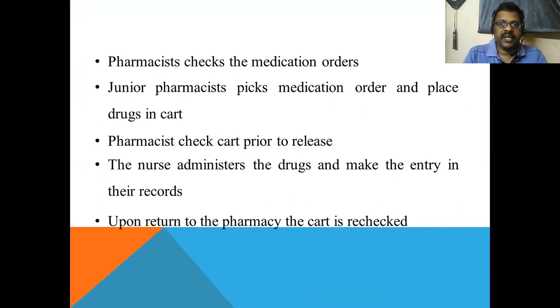The pharmacist checks the cart prior to release. The nurses administer the drugs and make the entry in their record. Their drug administration chart will be maintained in the ward, where they will make entries. Upon return to the pharmacy, the cart is rechecked, whether it is administered or not administered, everything will be rechecked.